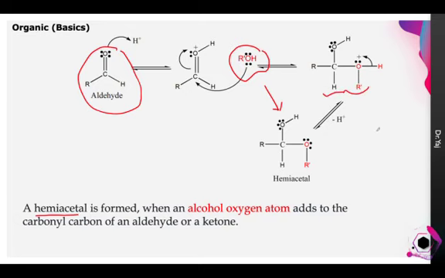If you do not remember the intermediate, just remember that a hemiacetal is formed when an alcohol oxygen atom adds to the carbonyl carbon of an aldehyde or ketone. And this aspect is important, as in the next slides we will discuss the cyclic structure of glucose.